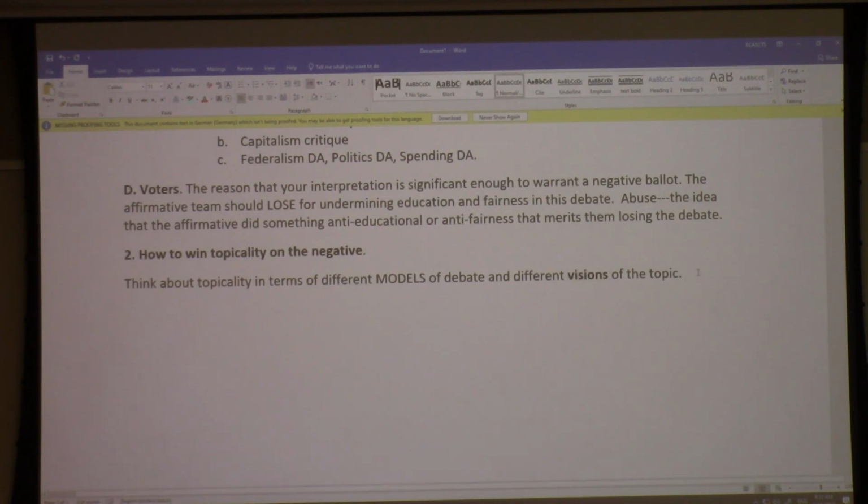So when you're debating topicality, you want to forward a vision of the topic and explain what the debates would look like under that vision, and when that is superior to the affirmative's definition. So this requires you to illustrate for the judge how the debate would be worse if you allow the affirmative's interpretation of the resolution.